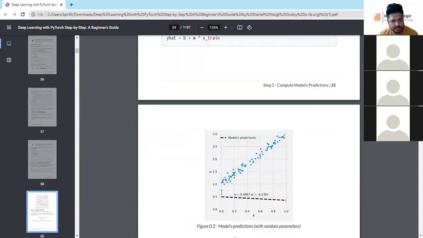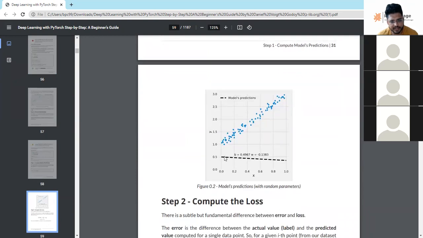Okay. After we have calculated, now this is the actual data, right? This is the linear regression data that we generated. Now for a random b and w, this is the linear regression line, which is very much away from the original distribution. And it is expected because we randomly initialized b and w, right?